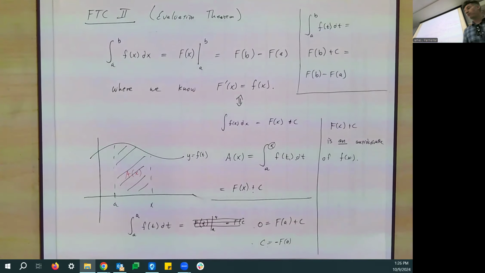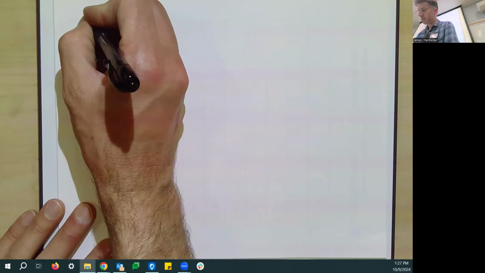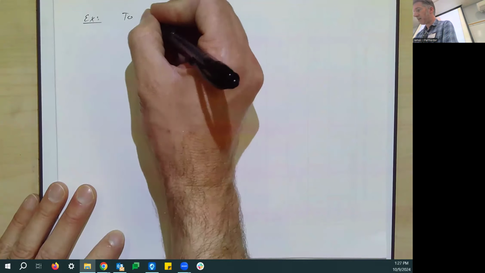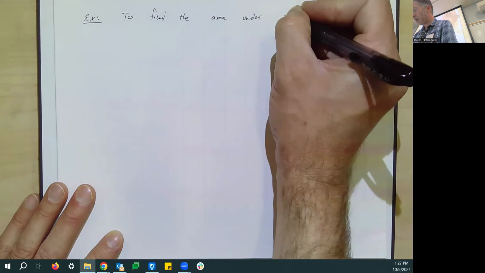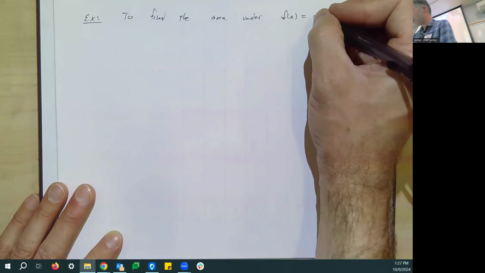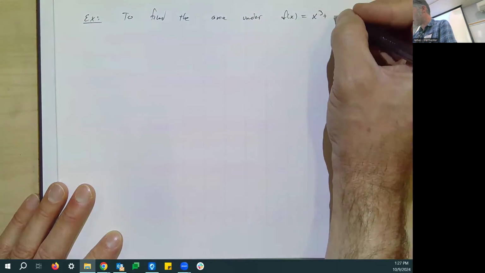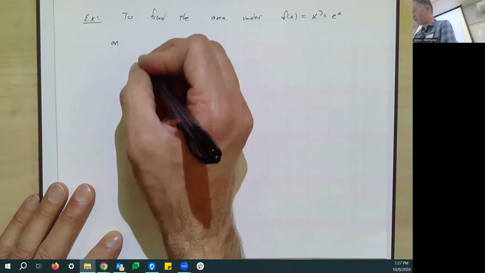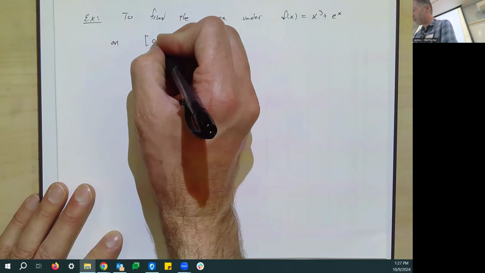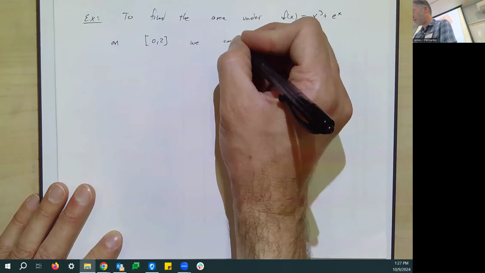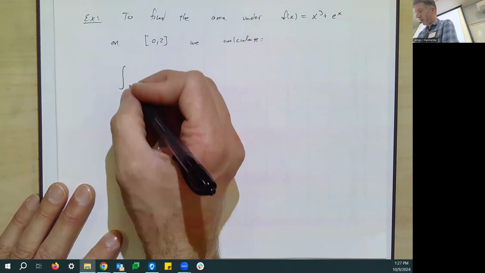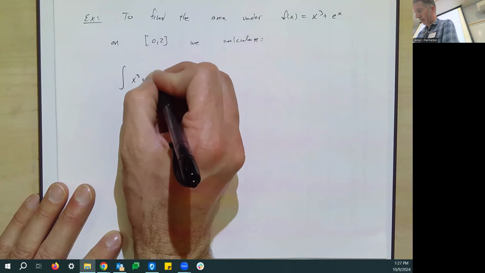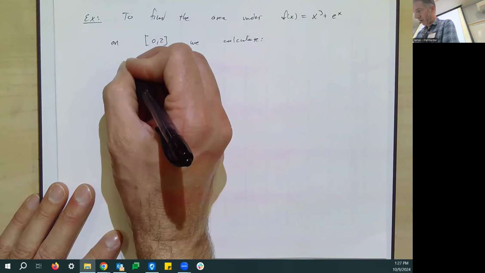So for example, to find the area under f of x equal to x cubed plus e to the x on the interval from 0 to 2, we simply calculate the integral of x cubed plus e to the x dx from 0 to 2.